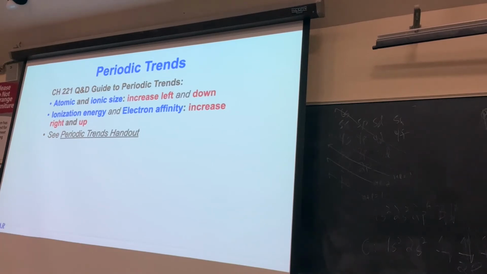Sizes of atoms, sizes of ions, atomic trends, and stuff like that. All of the sizes increase as you go left and down. So if our conversations have anything to do with size in the next slides, ion size, atom size, etc., they increase as you go left and down.